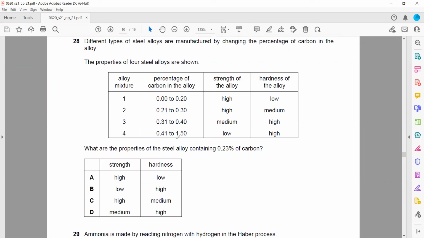What are the properties of a steel alloy containing 0.23% carbon? This is a percentage from 0.1 to 0.3, so 0.23 will be in between. If it contains 0.23% carbon, it will have high strength and its hardness will be medium. So C will be the right answer.